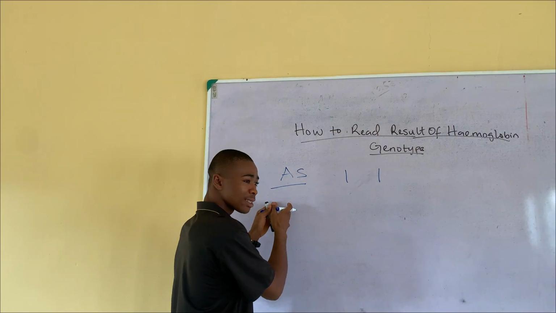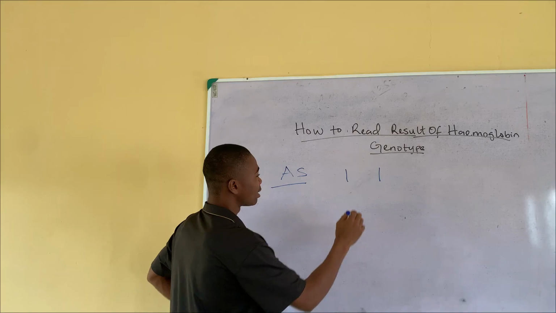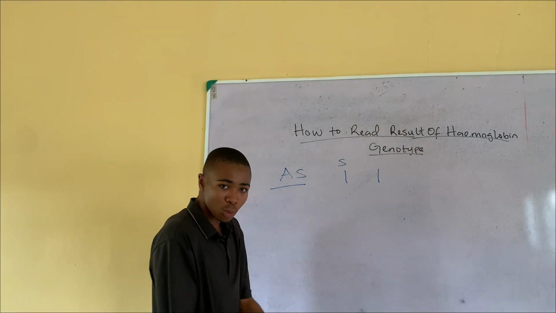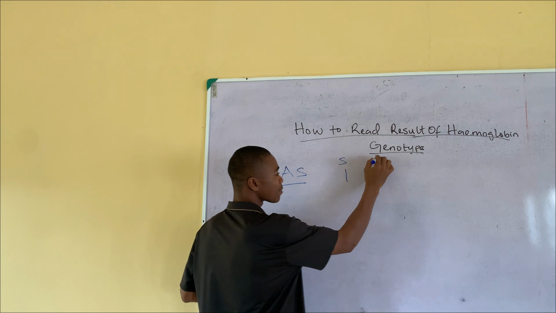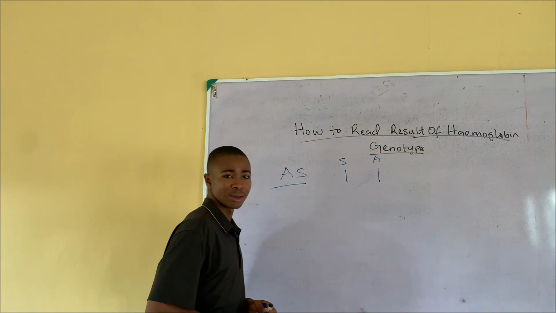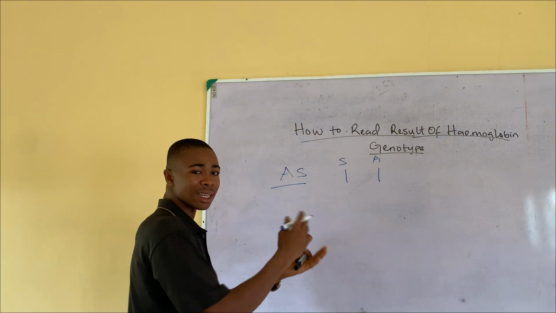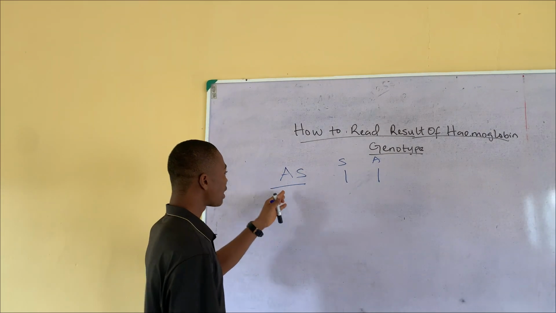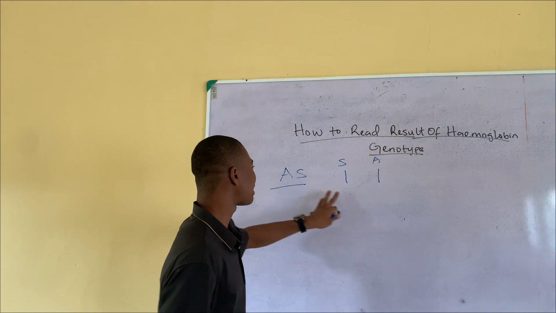For AS, S migrates slower and A migrates faster. It's just like interchanging it to be SA in the migration process. So A migrates faster than the S.